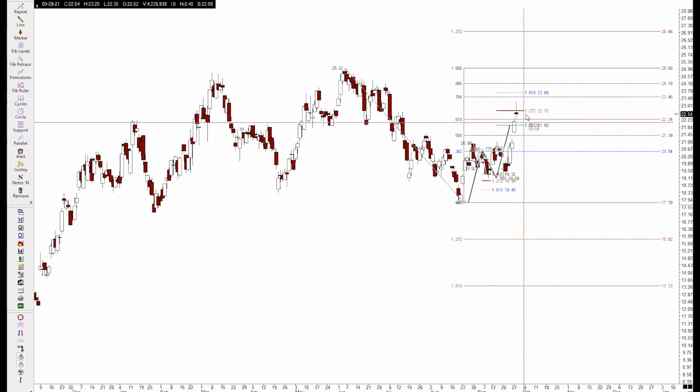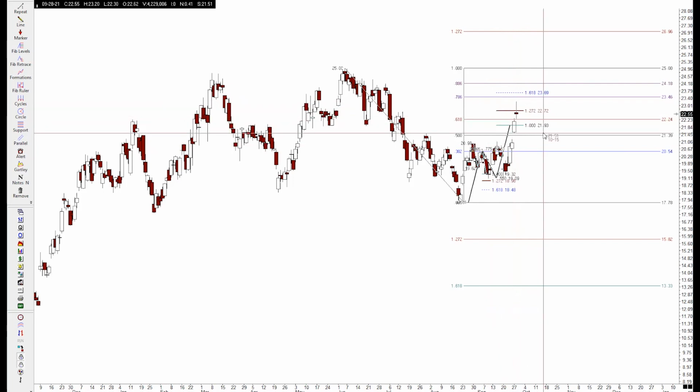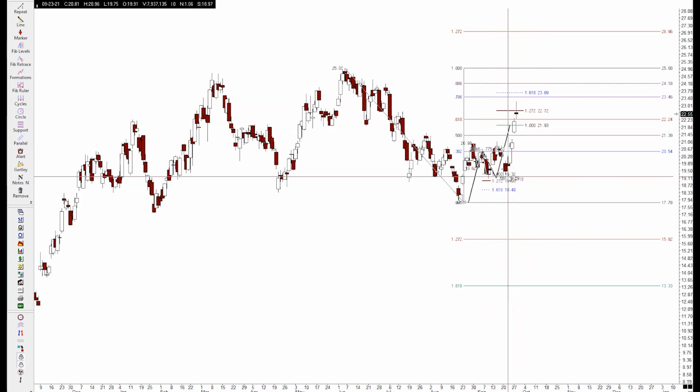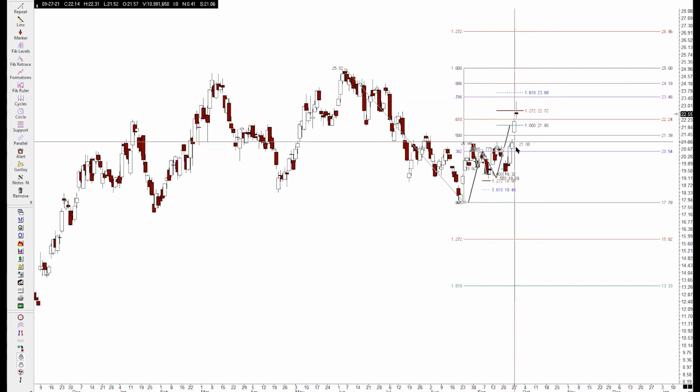And Halliburton is right around this 127. And again, this could be a short-term opportunity for a little bit of a retracement to the downside. This is the weaker one out of the bunch. So this one might be a setup to look for a retracement back down. And then if it holds this as support, then another rally to the upside.